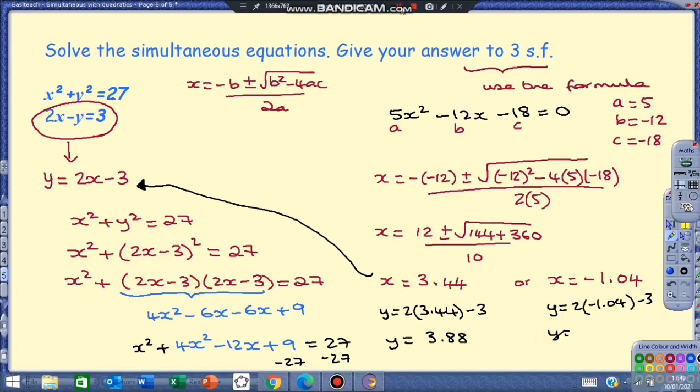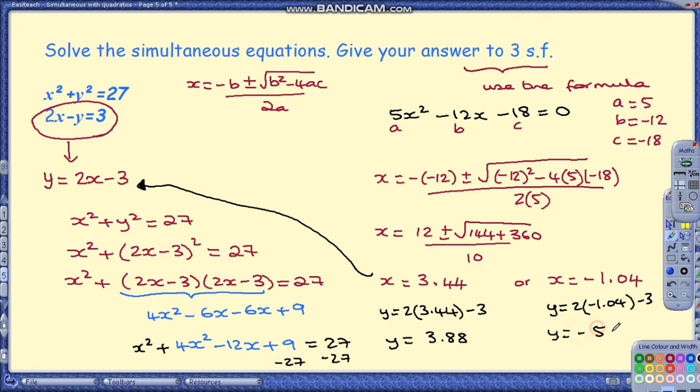So y equals 2 times negative 1.04, take away 3, and that's going to give me minus 5.08. And these are my solutions. Okay.